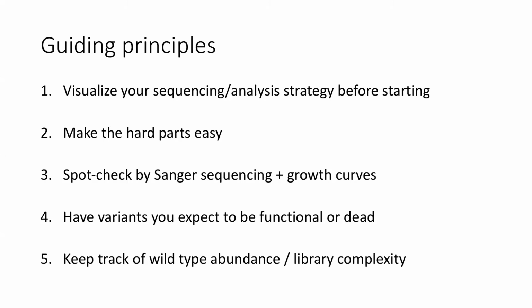That's true enough for the input, but you should consider what will happen after your selection. If after your selection you have 95% wild type, that can really cause problems in terms of sequencing. So you should think about getting your wild type abundance reasonably low. I'm adding library complexity in there because in some cases you might expect one or two variants to totally sweep your library, and if that's the case, you should keep that in mind as you're constructing it.